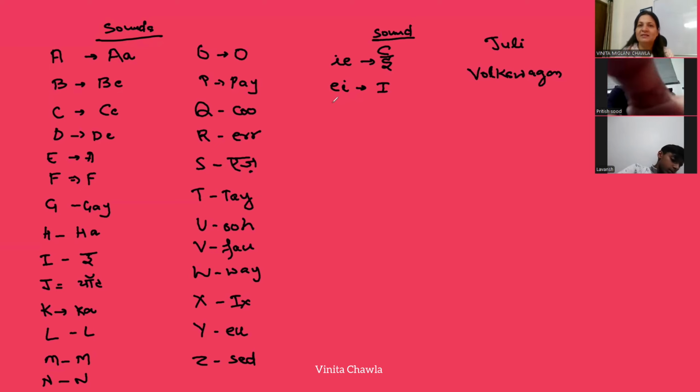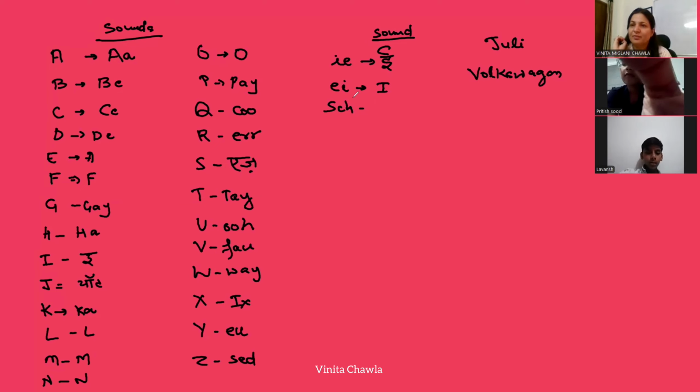If we have SCH, now you tell me first. If I want to write sh in English, how will I write? SH, but here in German we write SCH. So SCH means sh. In English we write SH.